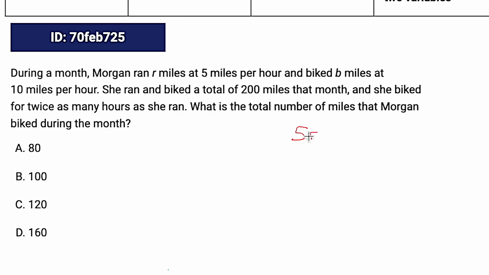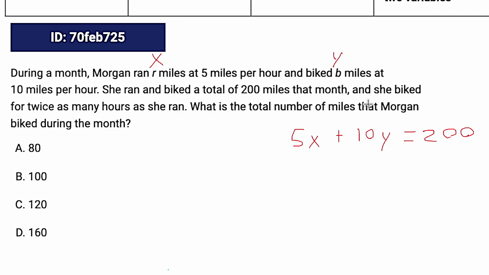But because I'm planning on using Desmos, I'm going to just say that this is X. X is going to be my running miles, so I'll say 5X, and then we know that our biked miles are 10 miles per hour, so I'll make that my Y. The reason I'm choosing X and Y is because Desmos is going to want a value for a constant if you choose a constant other than X or Y. So then plus 10Y, and it says she ran and biked a total of 200 miles. So if I add all of those together, we're going to get 200. That is an equation right there.